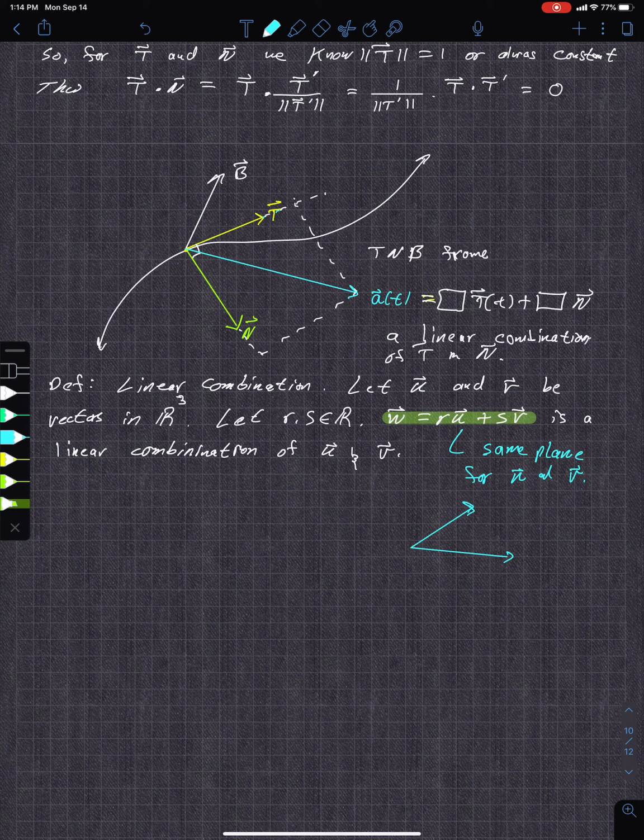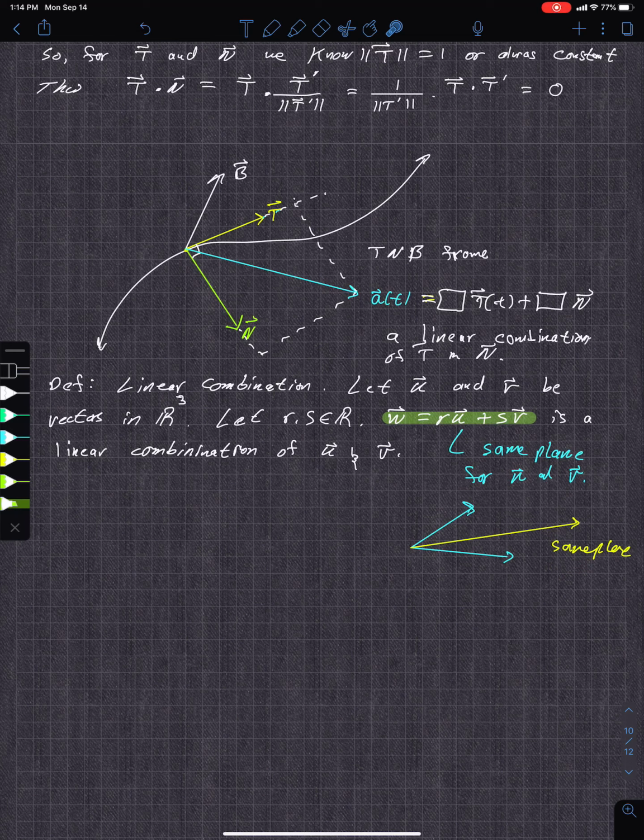There's no way to make it pop out of the page, so W can't be that. That's just not going to work. W is going to be in the same plane. A scalar is just going to stretch or shrink the vector, or make it go in the other direction, but it's not going to make it pop out of the page when you add it up. So same plane is the critical idea, and we're going to see basically a proof of that.